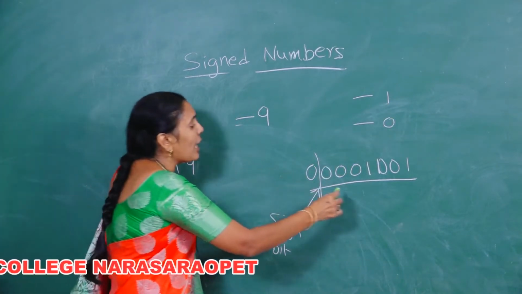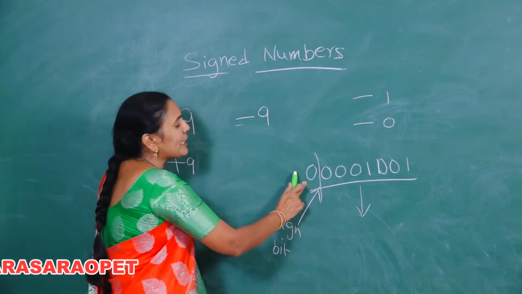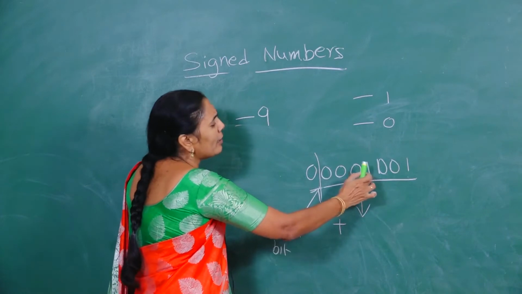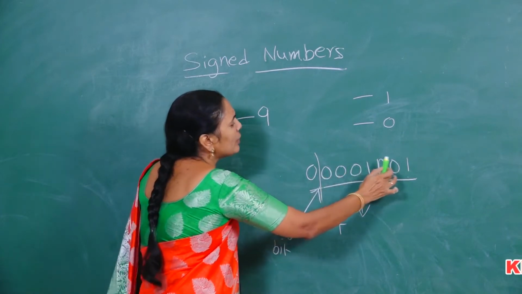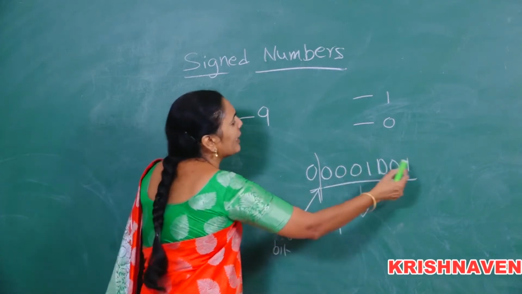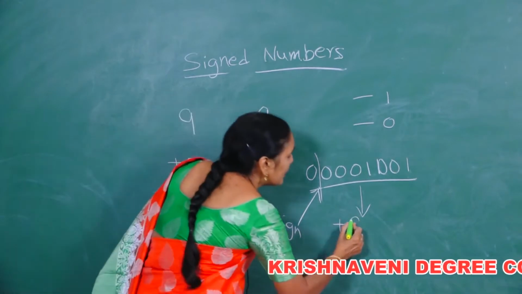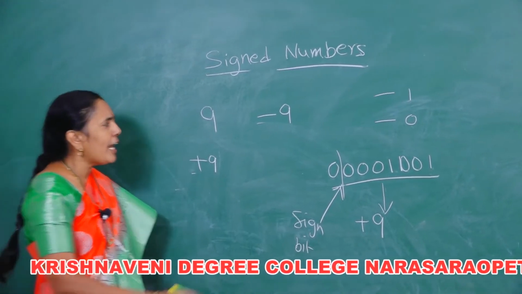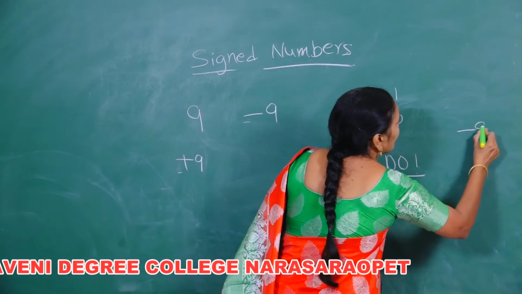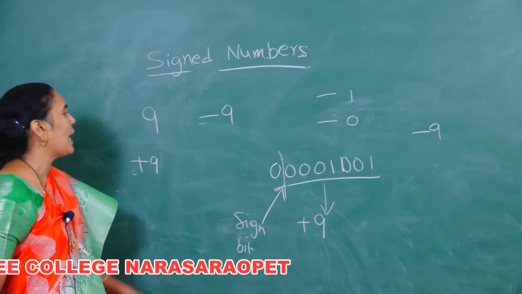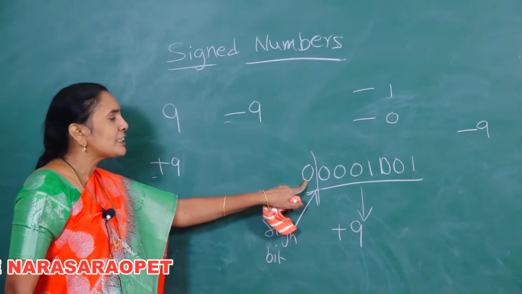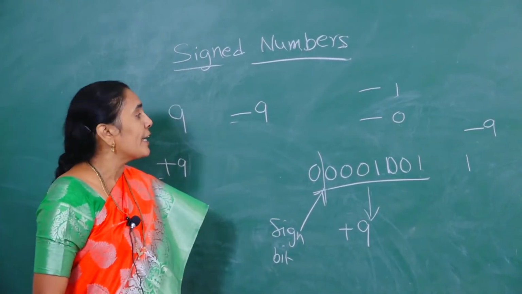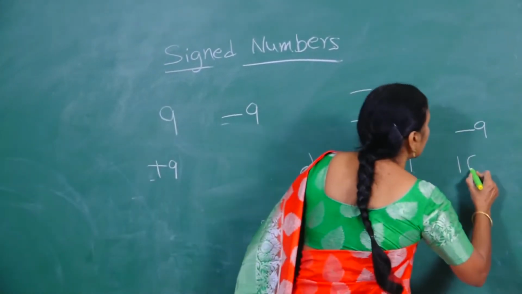Then what will be the value of this number? As the sign bit is 0, it is positive, and what is the value of this number? 0, 0, 0, 1, 0, 0, 1, which is equivalent, decimal equivalent as 9. This is the answer of plus 9. When I want to write minus 9, then the same process applies. So now the sign bit will be 1 to indicate that the answer is negative, and the remaining bits will be the same.